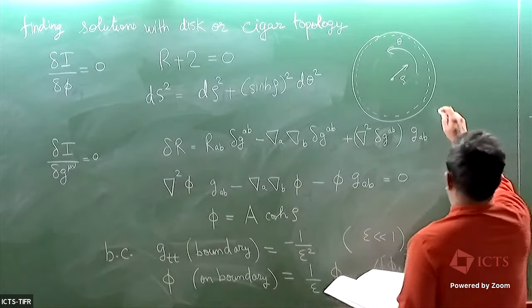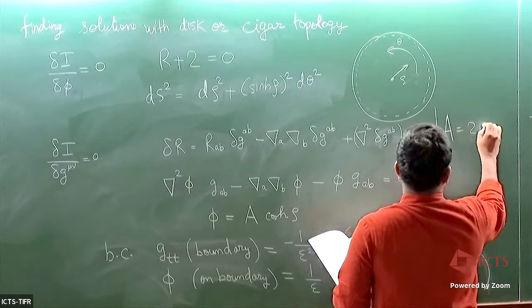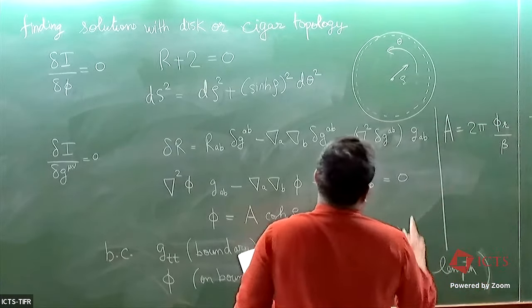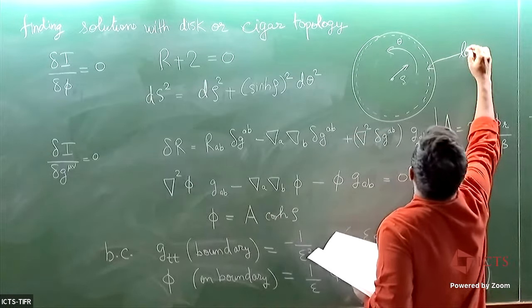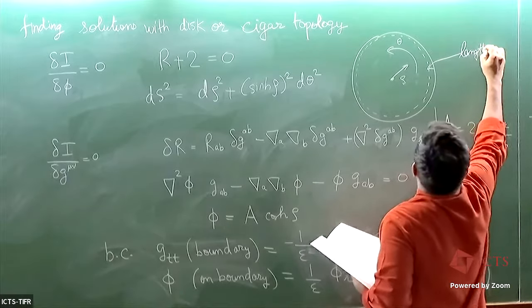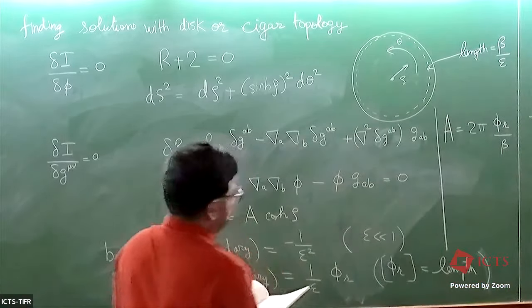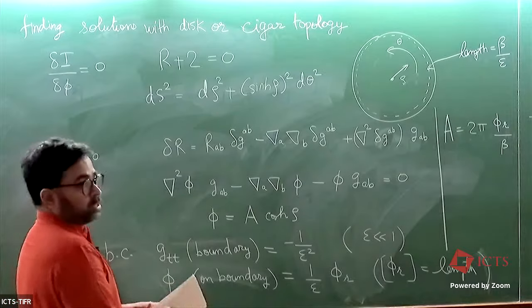So maybe I can just write here that capital A will work out to be 2 pi phi_r over beta, where the total length of this circle is beta over epsilon. I think I went over this a little bit quickly, so people should ask questions if the boundary conditions or the solution is not clear.